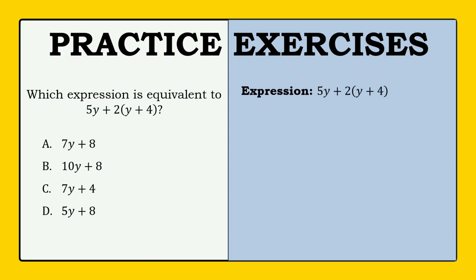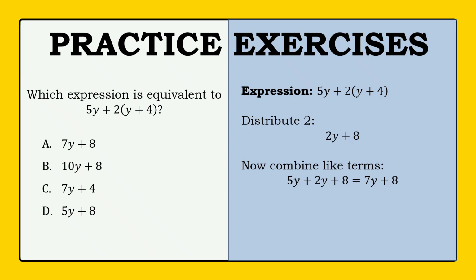In the expression 5y plus 2 times the quantity of y plus 4, first we're going to distribute 2 into the parentheses. So we have 2 times y is equal to 2y, 2 times 4 is equal to 8. Next, combine like terms. So we have 5y plus 2y plus 8. This is equal to 7y plus 8. Our answer is letter A.